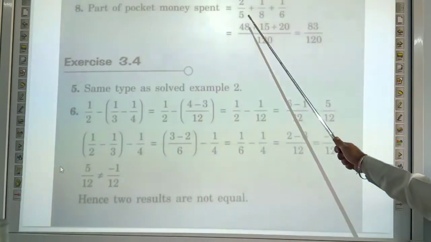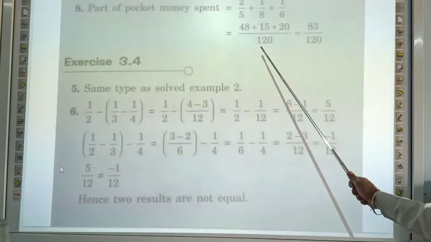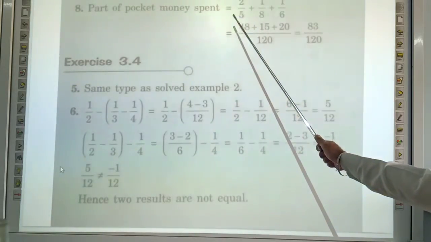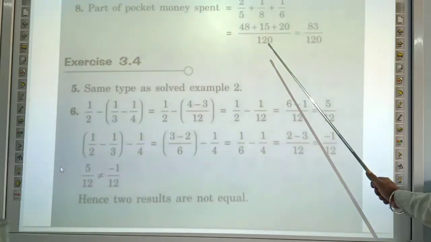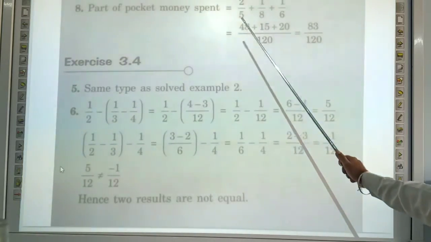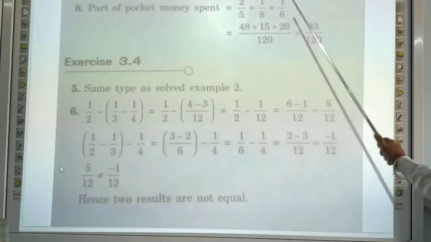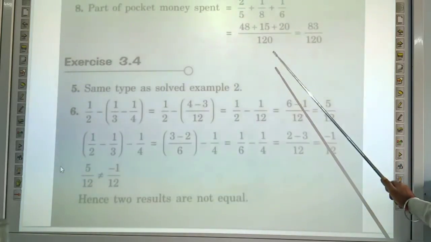And the LCM of 5, 8 and 6 is 120. So 5 into 24 is 120. So 2 is multiplied by 24, we get 48. 8 multiplied by 15 is 120.